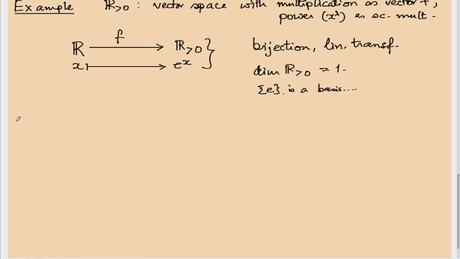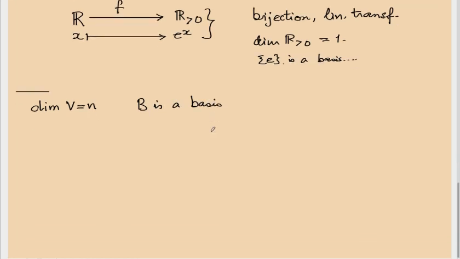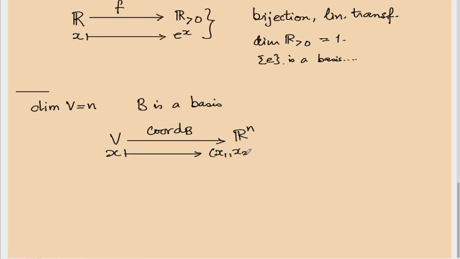So if I have a finite dimensional vector space of dimension n, and B is a basis, then coming back, we have seen this coordinatisation with respect to B as a bijective linear transformation, and then the old story now comes back.